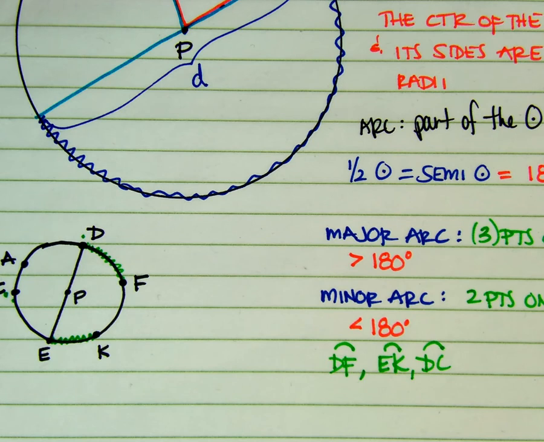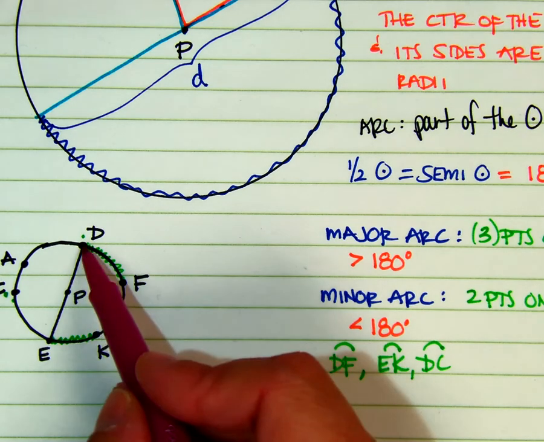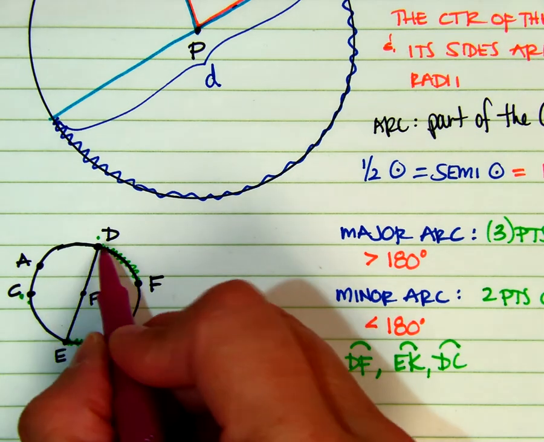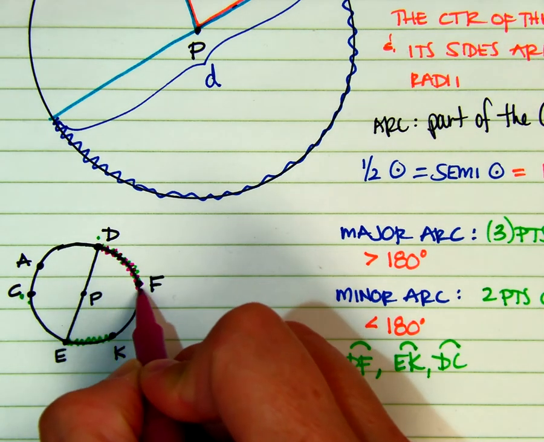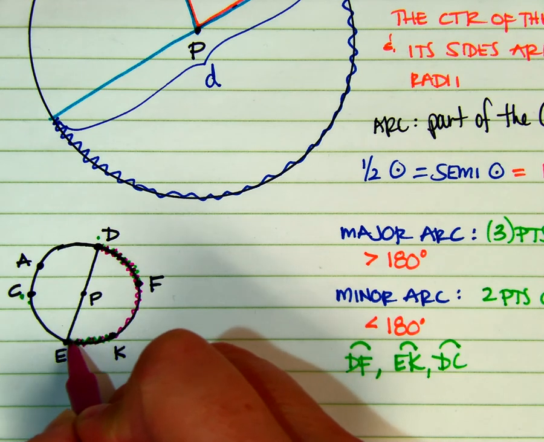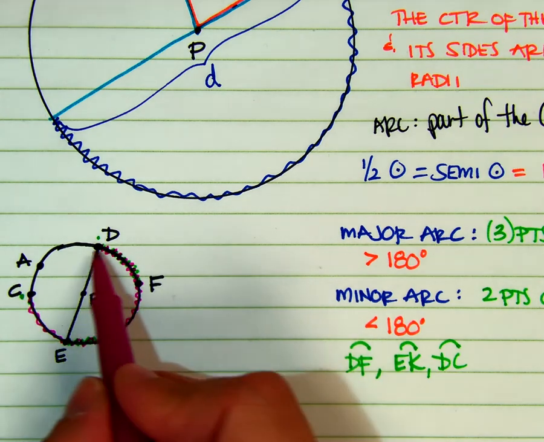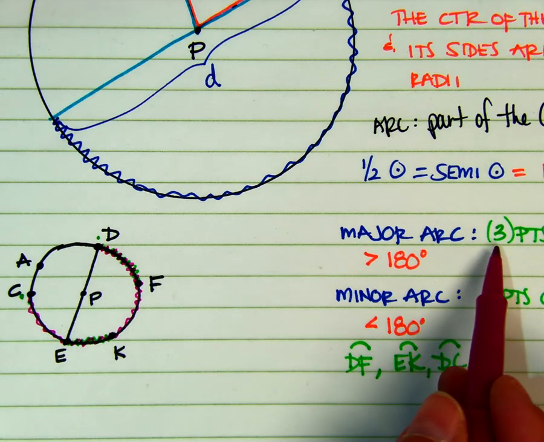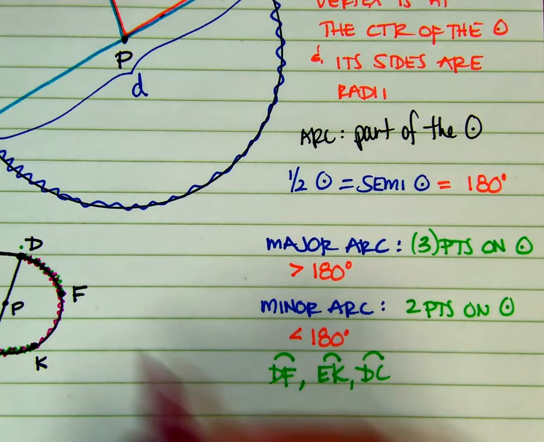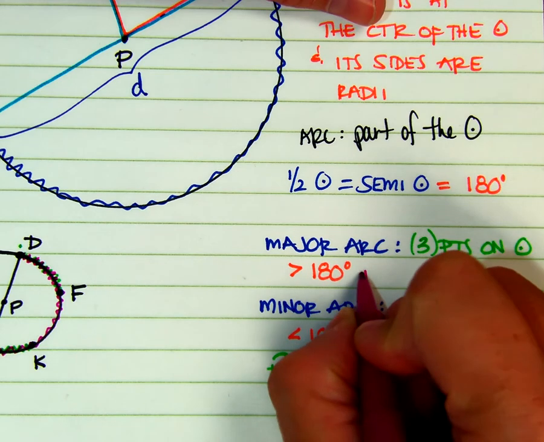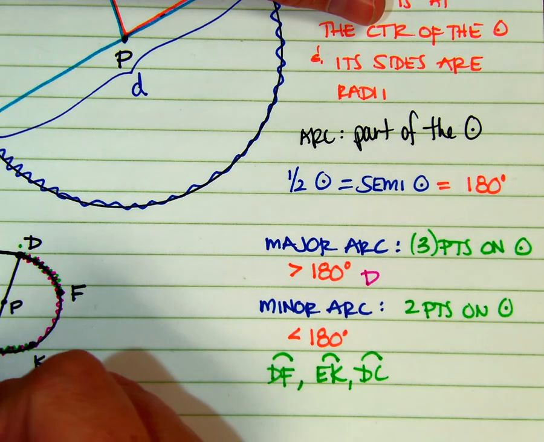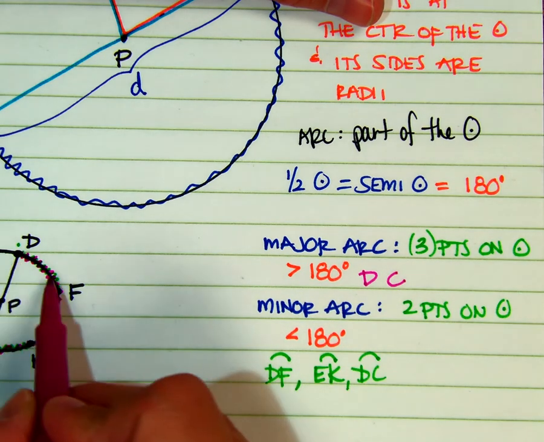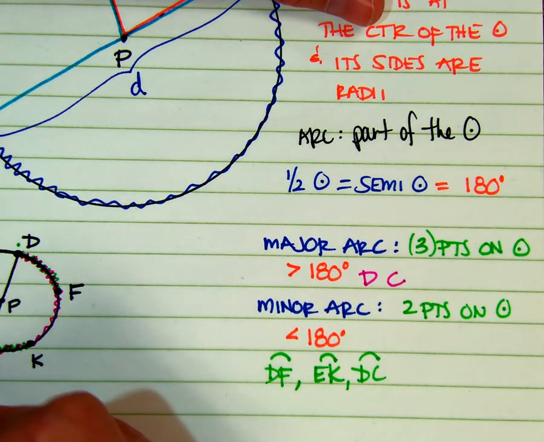Now, if I am talking about D to C going all the way around the circle, specifically going this way, that is clearly greater than 180. So I would have to use the 3 points. I'm starting at D, and I'm ending at C. And then you just have to label one of the points that you're passing through.